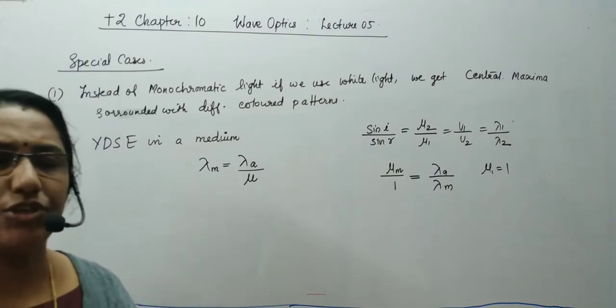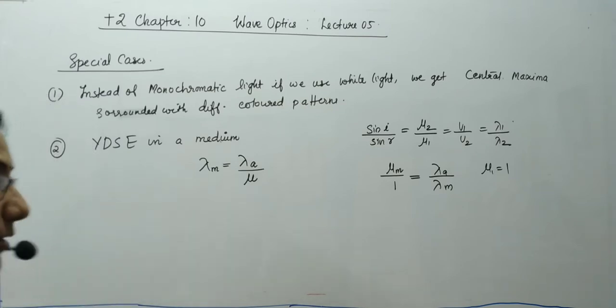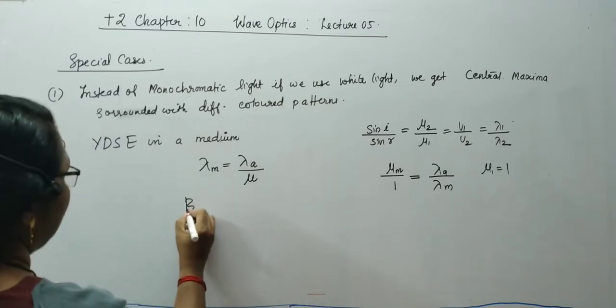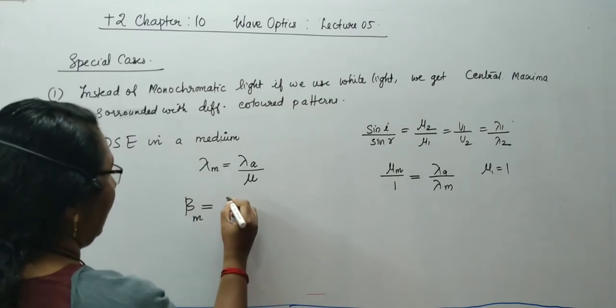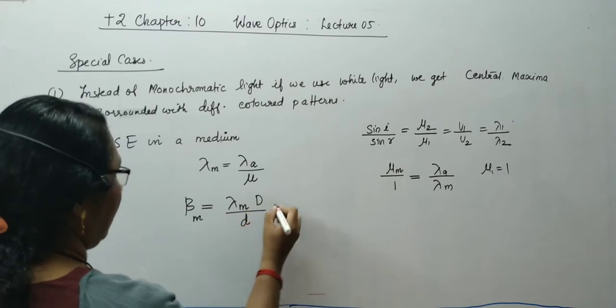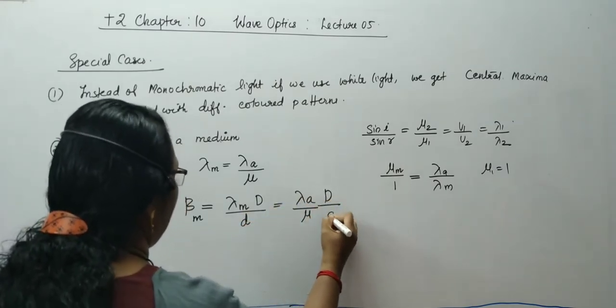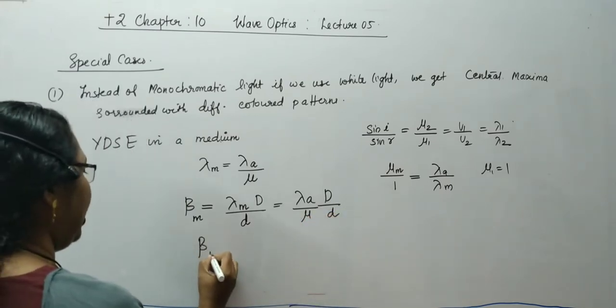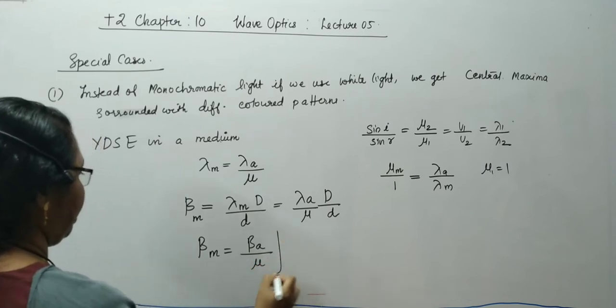Okay, so what happens to the wavelength? The wavelength decreases by mu. Therefore, the fringe width beta also becomes lambda medium into capital D by small d, or lambda a by mu into capital D by small d. Beta in medium becomes beta in air by mu.